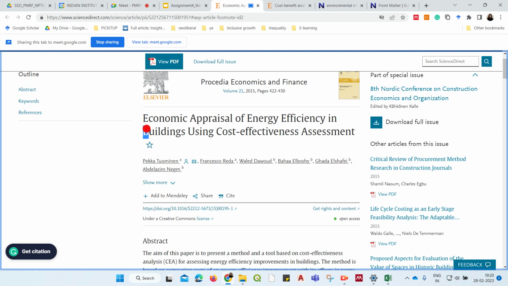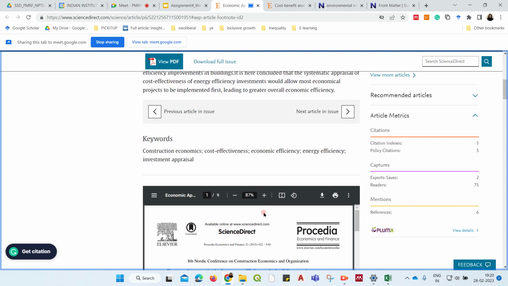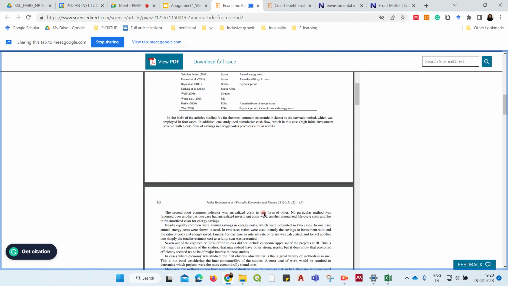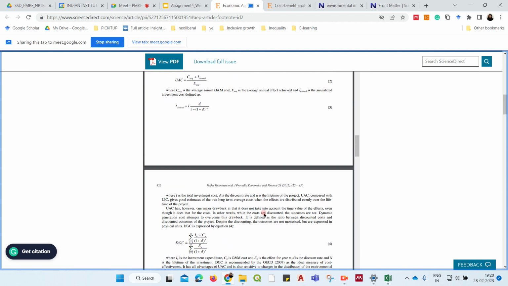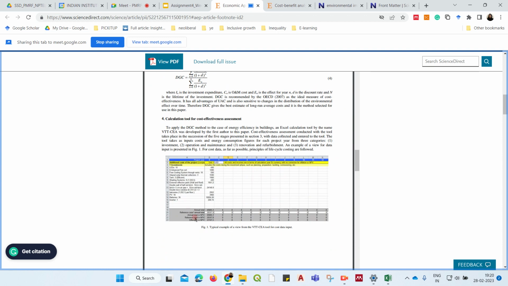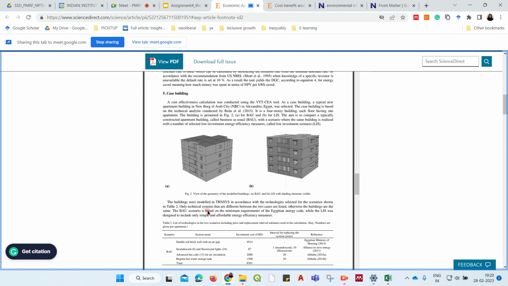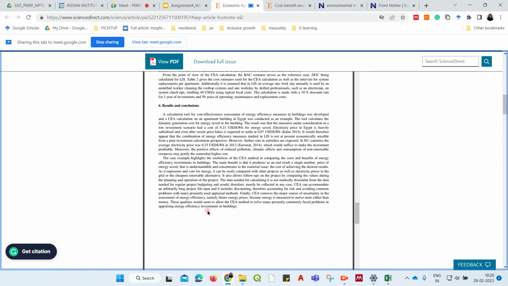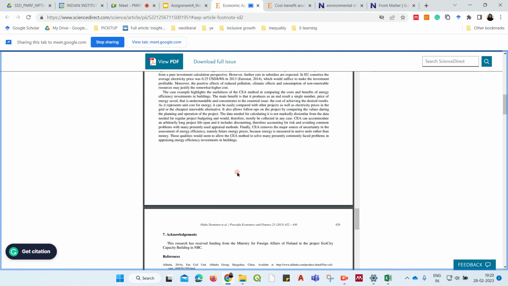It does the study on a building level. You can see how this study calculates the costs associated with changing from the conventional to more energy efficient techniques, and whether it is really cost effective to do that.